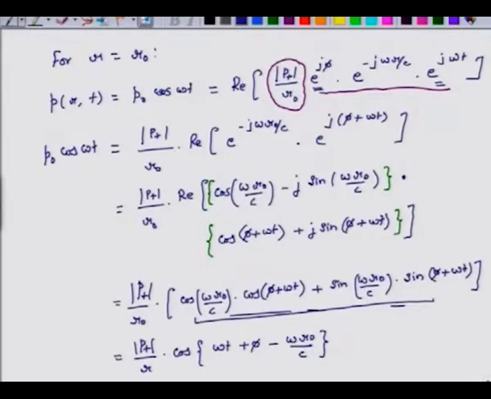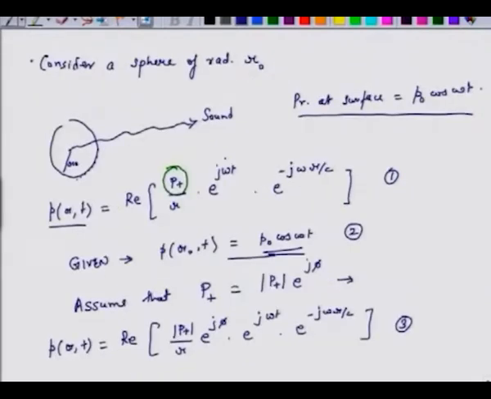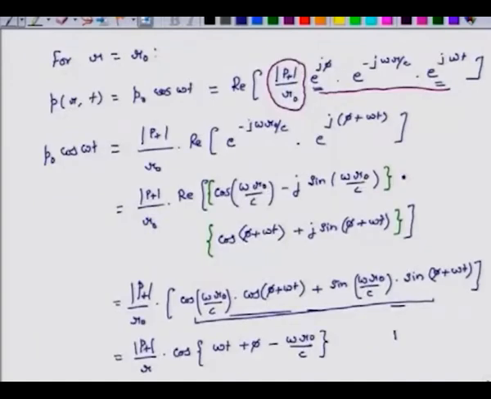So, that is my expression number 4, and on the left hand side I have p naught cosine of omega t. So, this is my expression number 4.